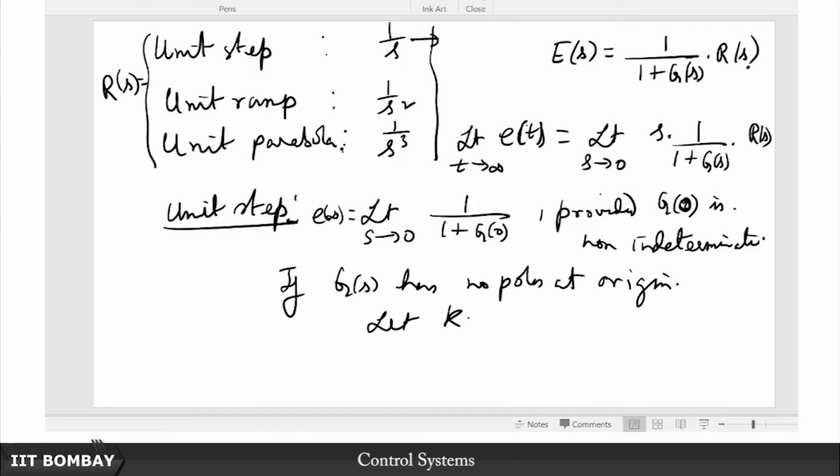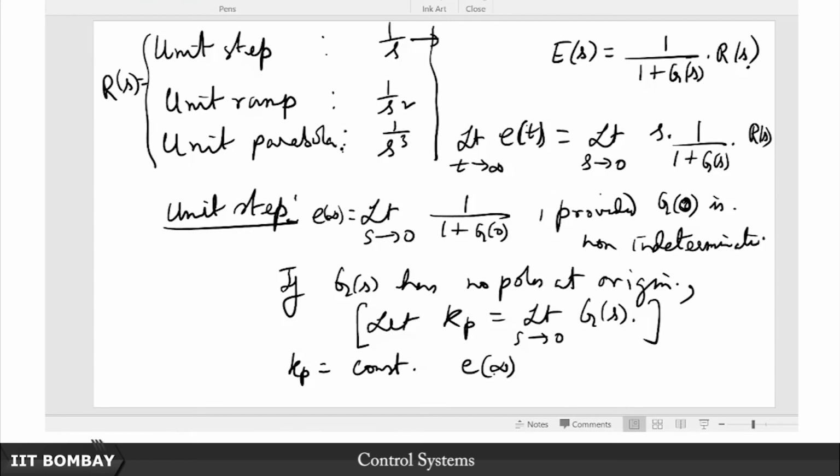let Kp be equal to the limit s tending to 0 of G(s). So this is the definition. If G(s) has no poles at the origin, Kp is a constant and E of infinity is equal to 1 upon 1 plus Kp, which is also a constant.